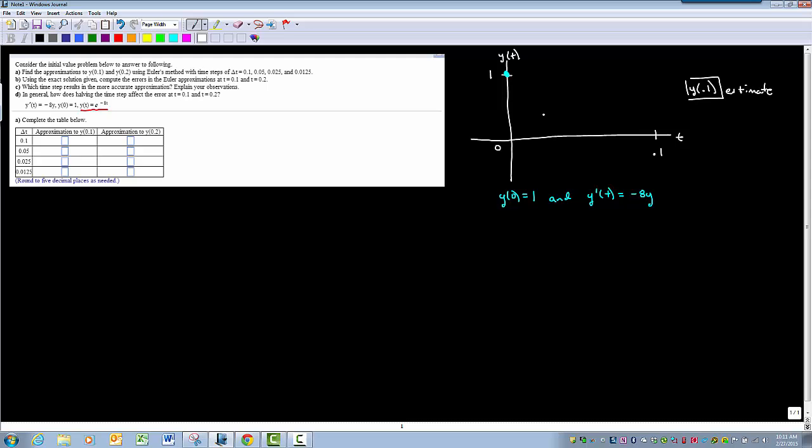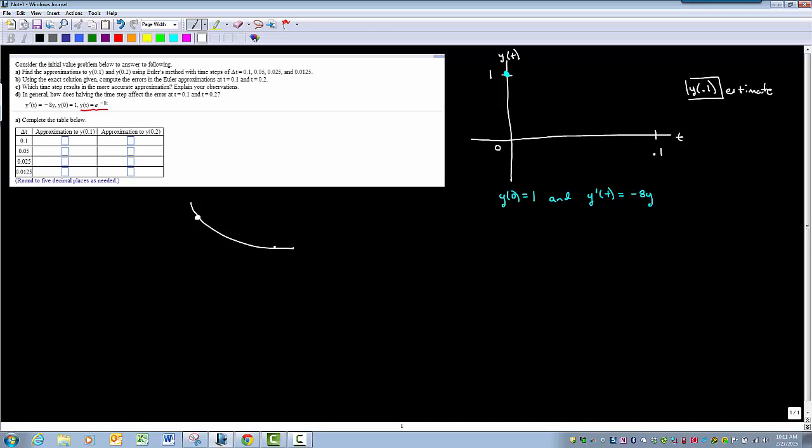So I'm going to use the idea of the slope at this point right here, and use that to estimate the function value. Let's say my function looked something like this, and I had a point here.